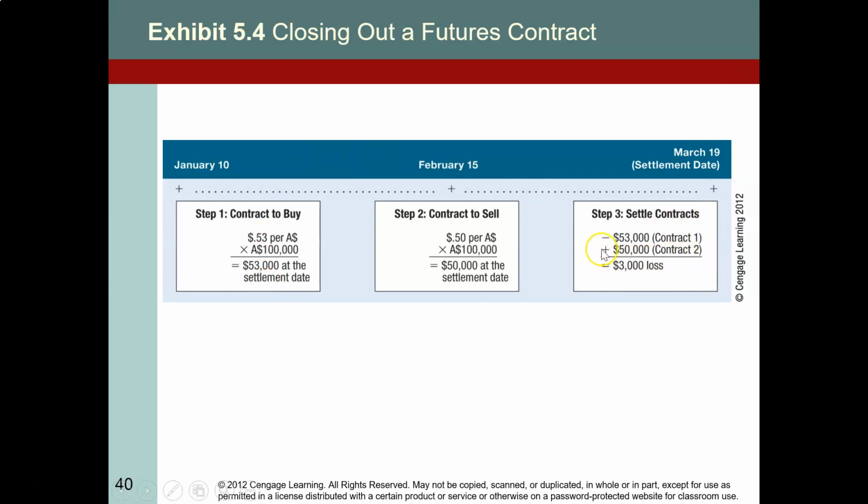For contract one, it's going to cost the owner of the futures contract $53,000 to buy the Australian dollars of 100,000 units. However, they can sell this currency according to contract two, and they're going to receive $50,000. So there's a $3,000 loss.